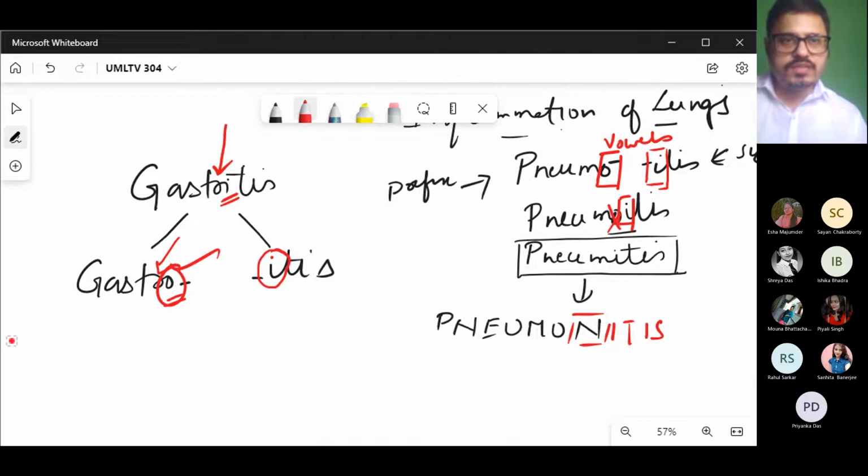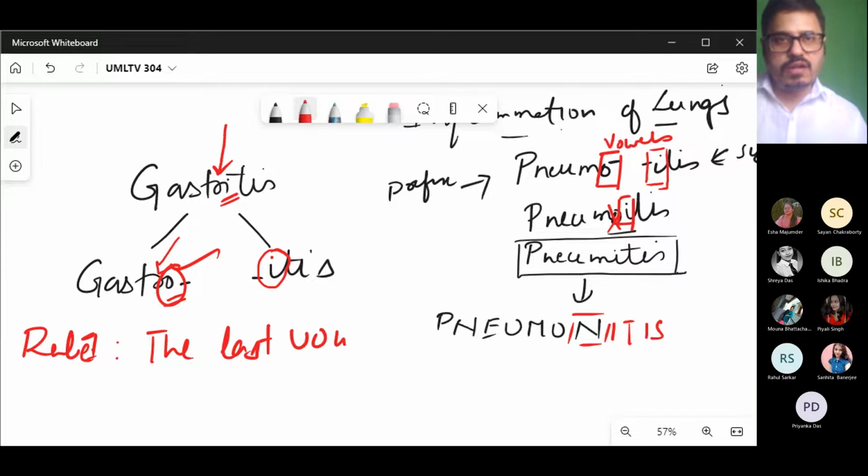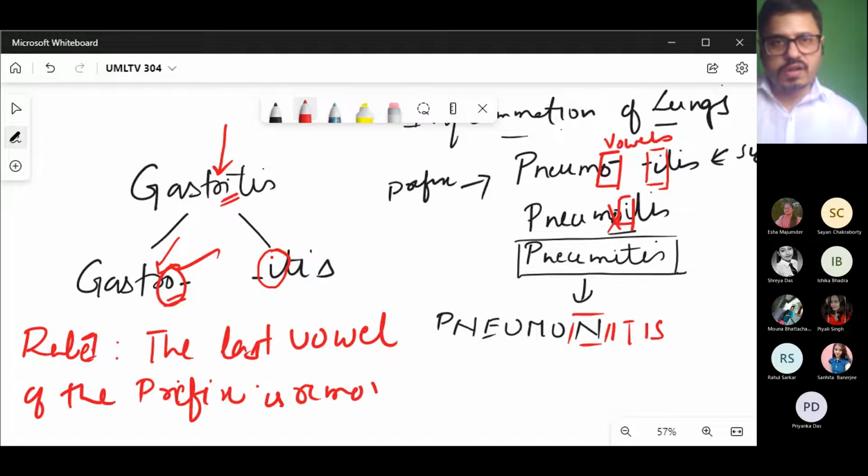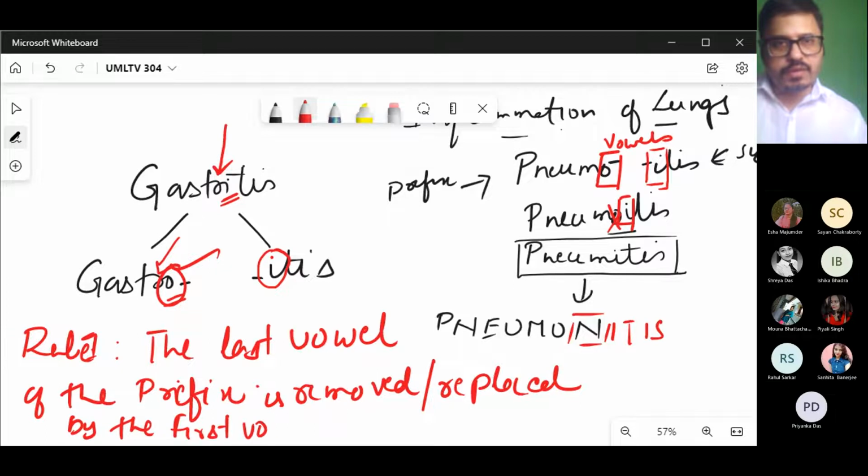Rule number one: the last vowel of the prefix is removed, or rather replaced, by the first vowel of the suffix.